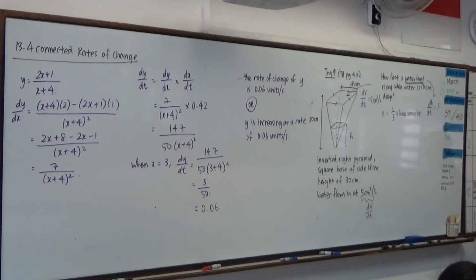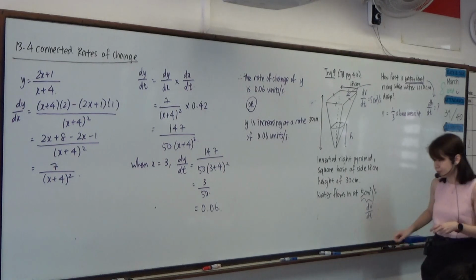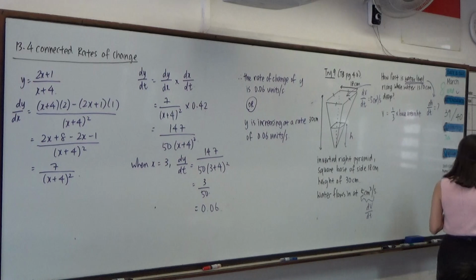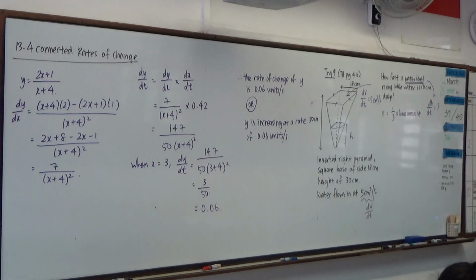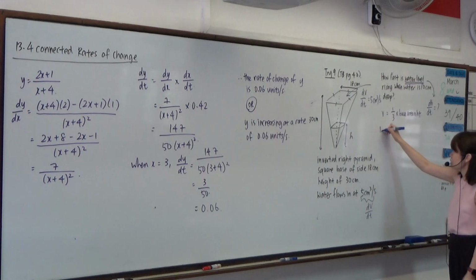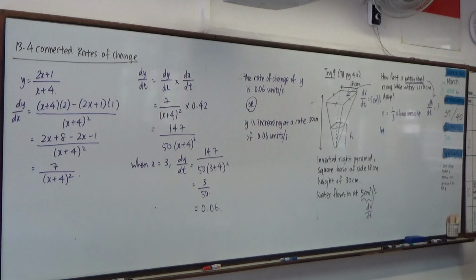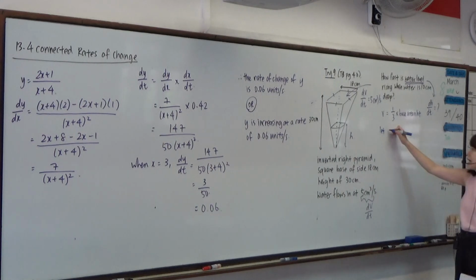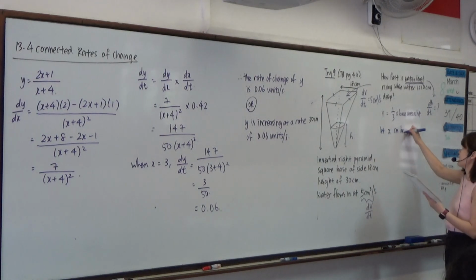So this is what we have in Sec 2. So the base area in this case, because it is a square, will just be the length times length. Let me define some variables first. Let x cm be the length of base.